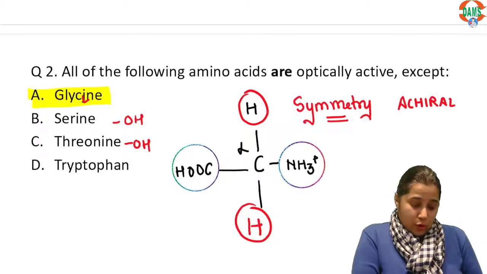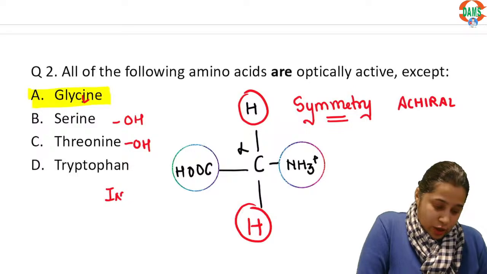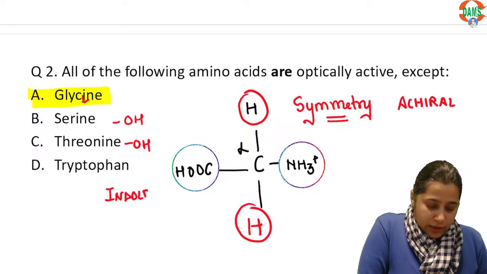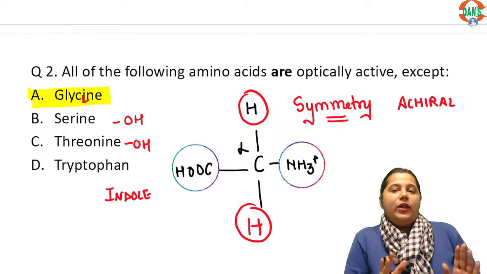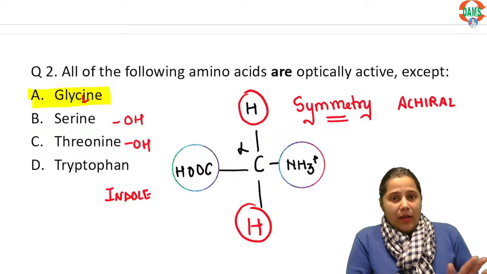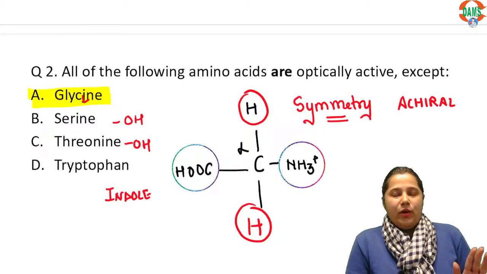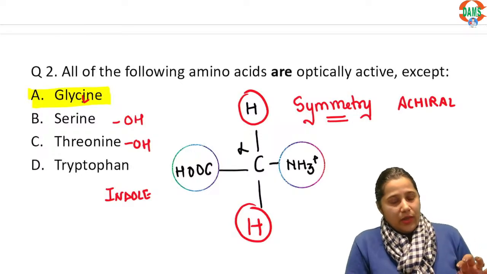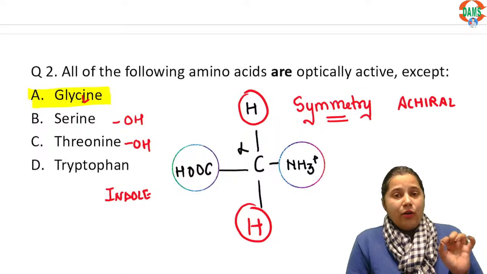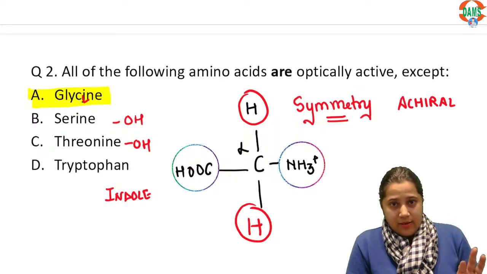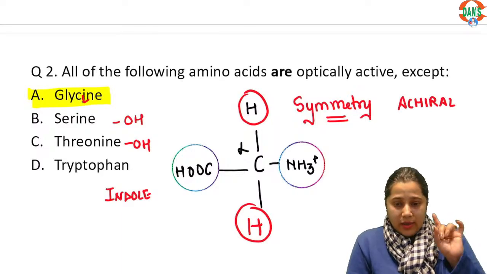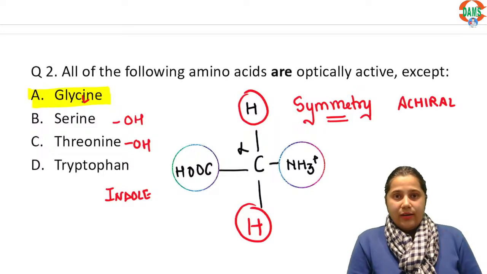Tryptophan is an indole group containing amino acid. You must know the R group. What is the R group for all the amino acids? For example, by and large, we all remember that the two sulfur containing amino acids are cysteine and methionine. That means their R group has sulfur in it.